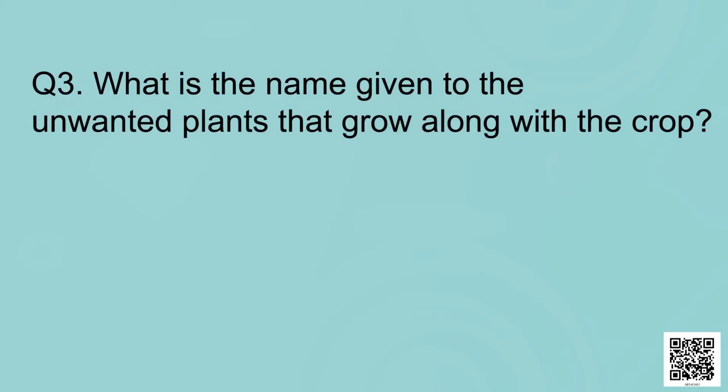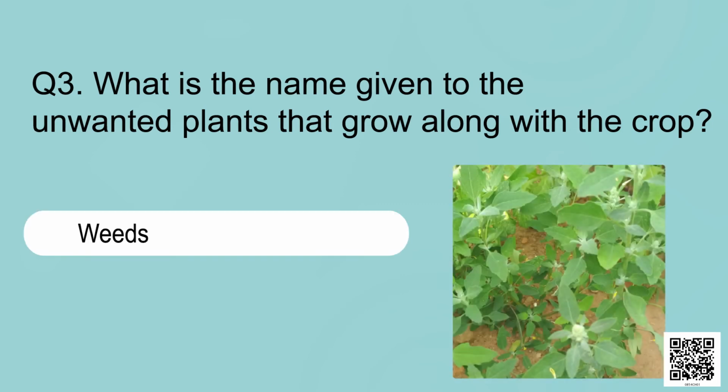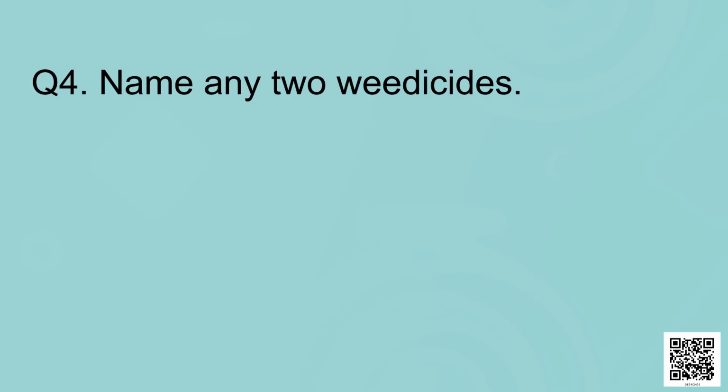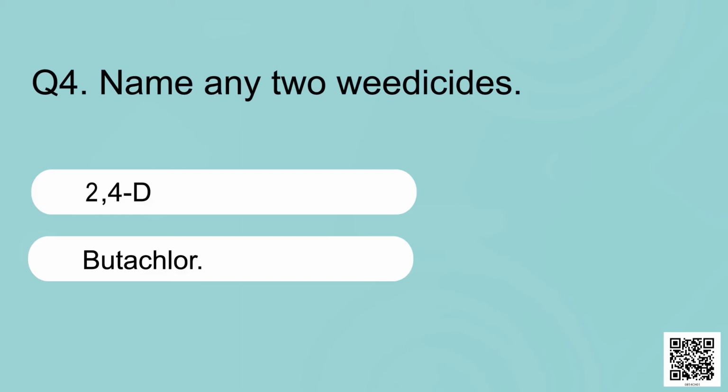Next question. What is the name given to the unwanted plants that grow along with the crops? Answer is weeds. Okay. Now name any two weedicides. Answer is 2,4-D and Butachlor.